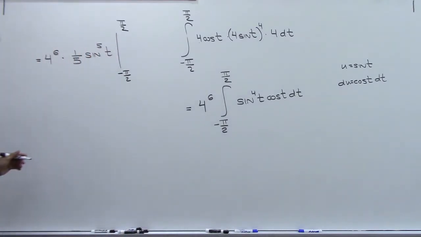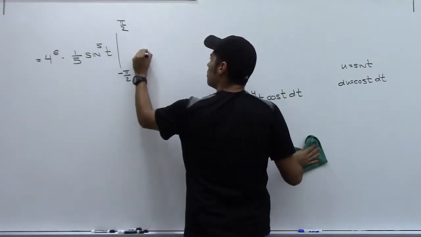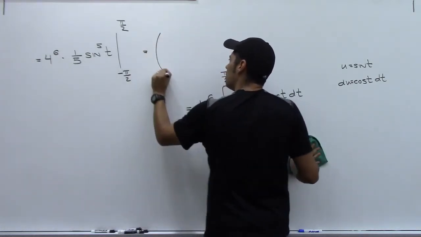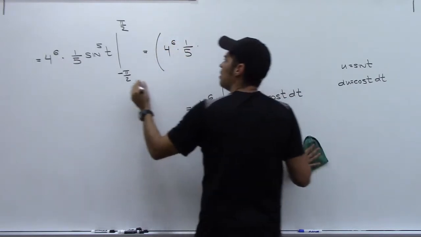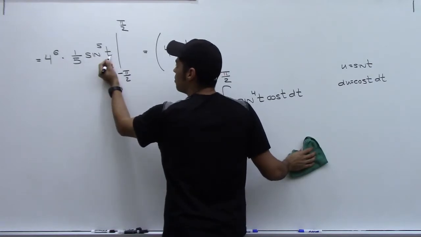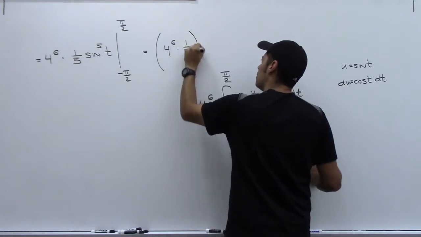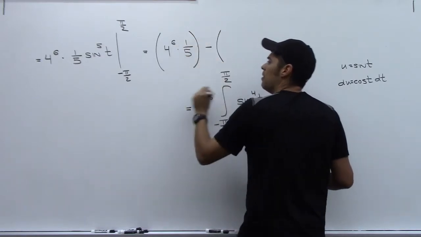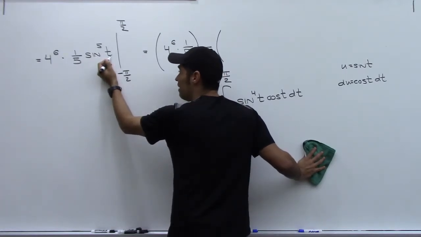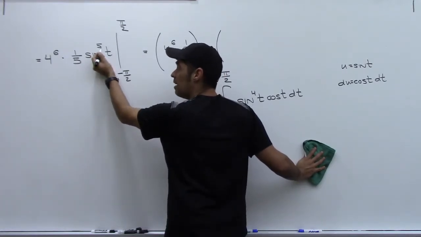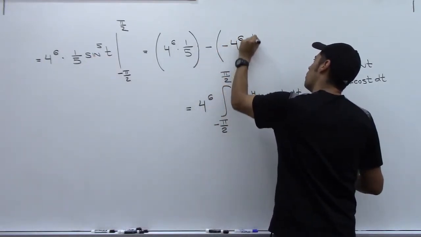All right, so now let's plug in some values. Let's plug in pi over 2 first. So I get 4 to the 6th times 1/5 times sine of pi over 2, which is 1, to the 5th power is still 1, so we just get that, times 1, minus, when we plug in negative pi over 2, sine of negative pi over 2 is negative 1, but to the 5th is still negative 1, so this turns into negative 4 to the 6th times 1/5.